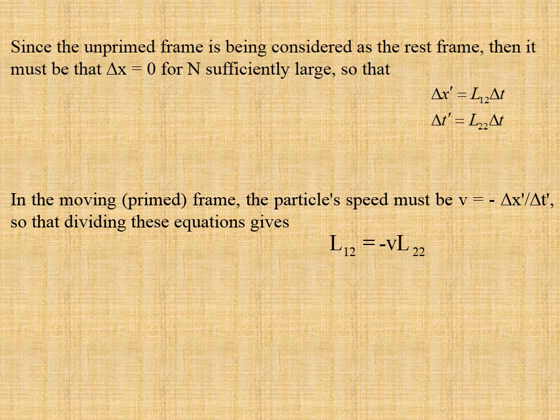In the moving primed frame, the particle speed must be v equals minus delta x prime over delta t prime, so that dividing these equations, the one for delta x prime and the one for delta t prime, gives L12 equals minus v times L22.